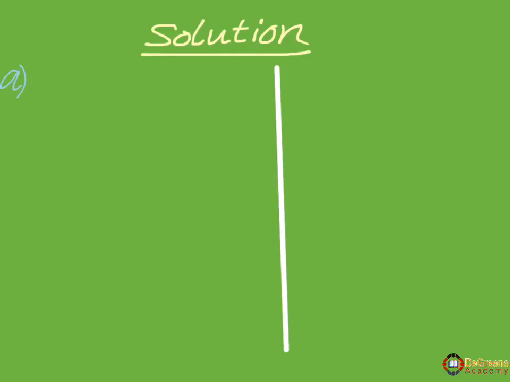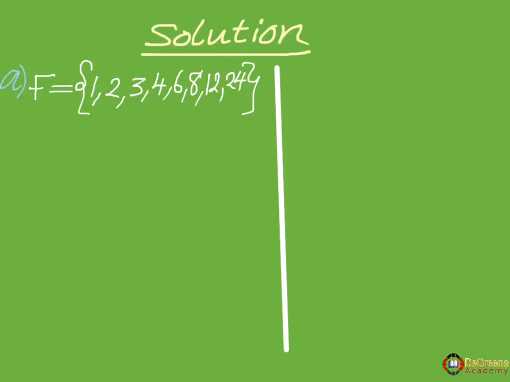So A, F is a set of factors of 24. So the factors of 24 are 1, 2, 3, 4, 6, 8, 12, and 24.